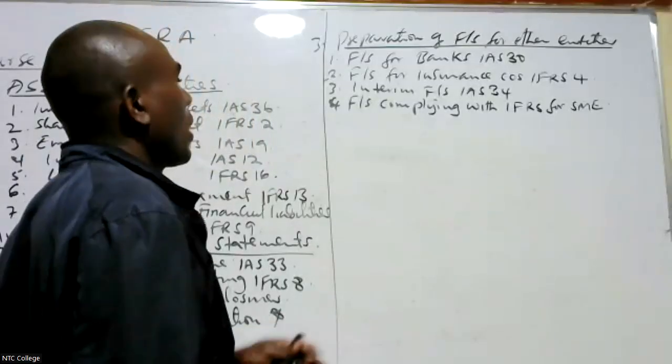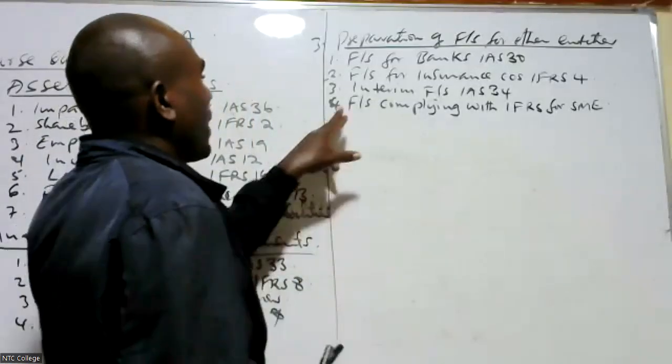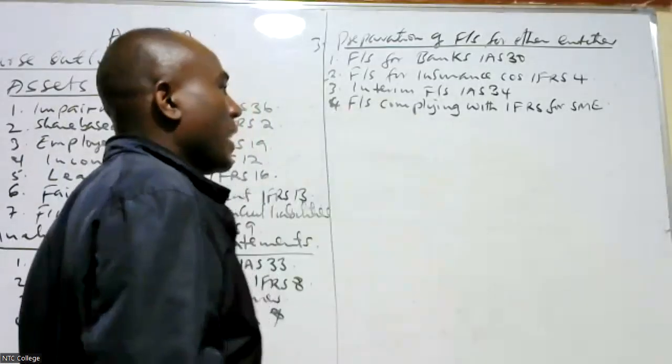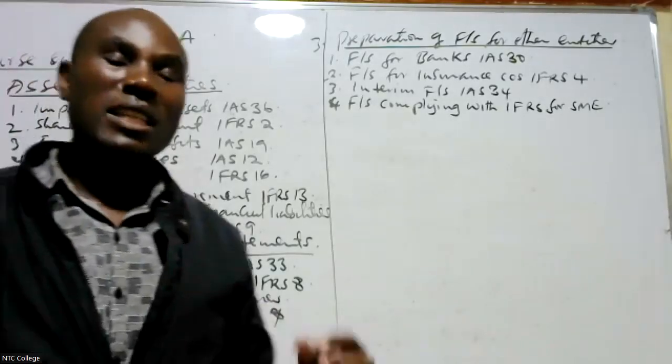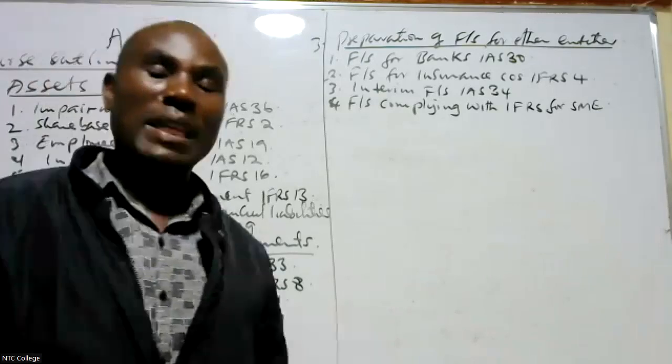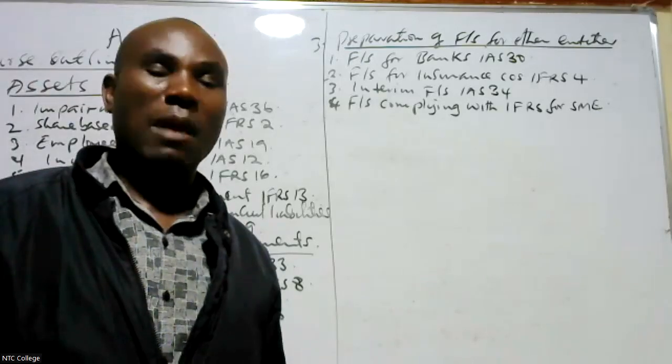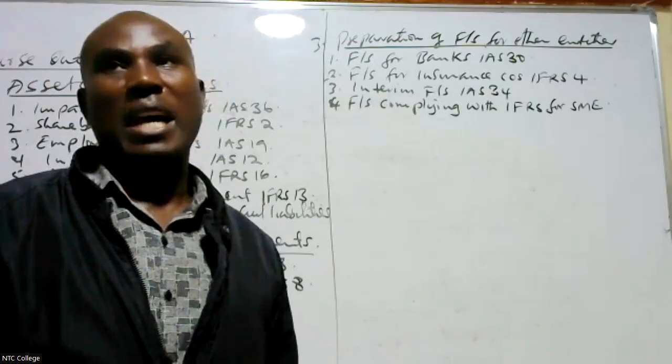Then we also have financial statement complying with IFRS for SME. An SME is a small and medium enterprise, a small and medium business. For example, like NTC here, we are just a small business. Maybe in a year, our turnover is less than 5 million.